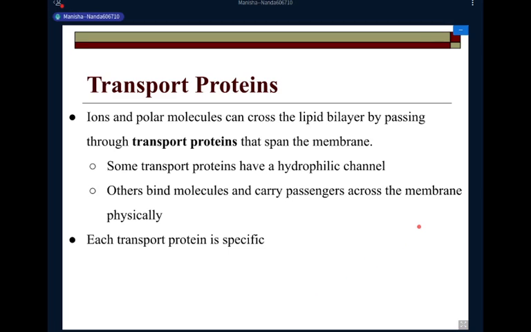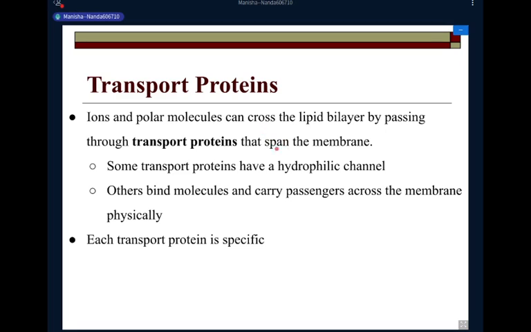Now, we'll talk about these special proteins, which are called the transport proteins, that help the membrane successfully perform different types of transports across it. And it is very important to learn about the different types of transport proteins that are present in the membrane. So ions and polar molecules can cross the lipid bilayer by passing through the transport proteins only that span the membrane.